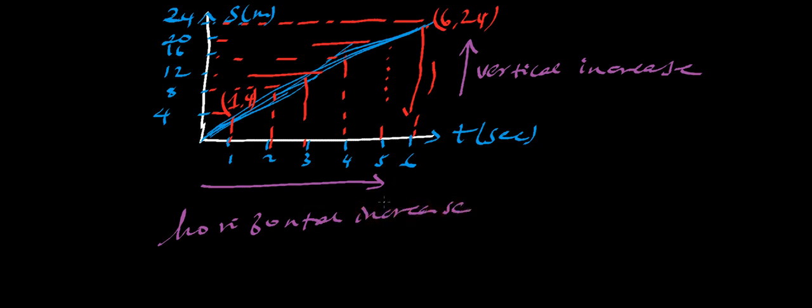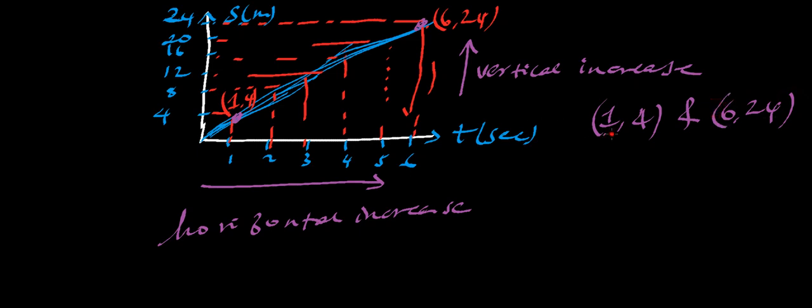Okay, to get the velocity from the distance time graph given above, you have to find the slope of the graph. To get the slope of the graph, first take any 2 points on the graph. Let's take this point, or take this point. We can take any 2 points. Let's take for example 1 with 4 and 6 with 24.